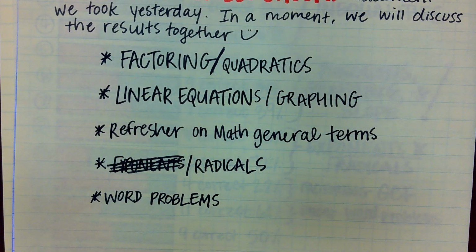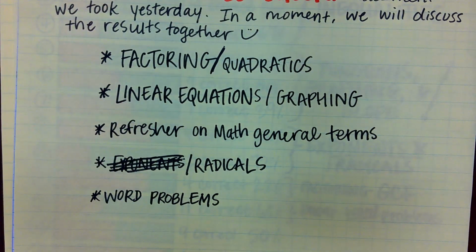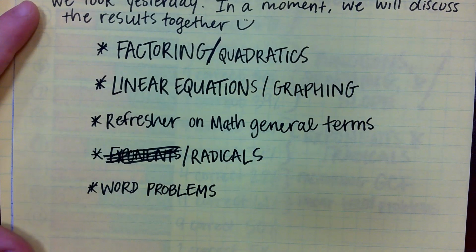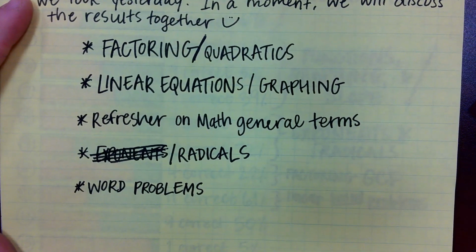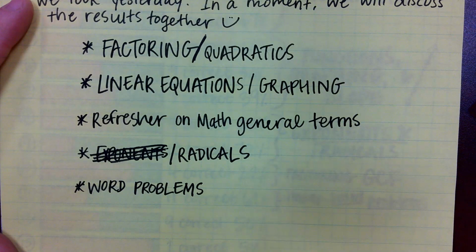And it will continue to appear. It's not like we did it, we're done. We practiced it, and now it's going to continue to be in our problems, because that's how math works. It really builds on itself. We haven't done much with radicals. Actually, we haven't done anything with radicals yet. Still need to go through some of these other things.